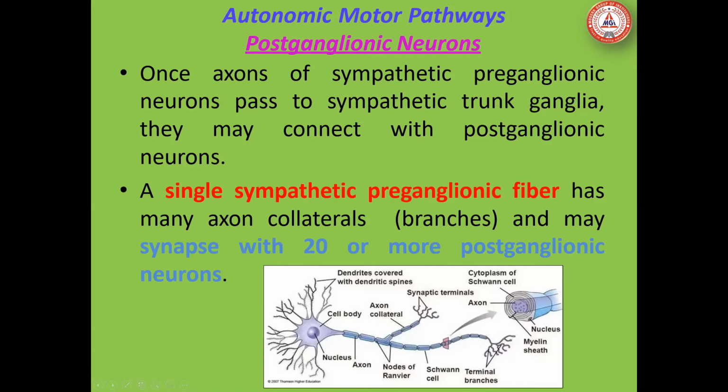As you can see in the diagram, these are the dendrites covered with dendritic spines, cell body, axon, collateral, neuron, nucleus, axon, node of Ranvier, Schwann cell, synaptic terminals, cytoplasm of Schwann cells, nucleus, and myelin sheath.